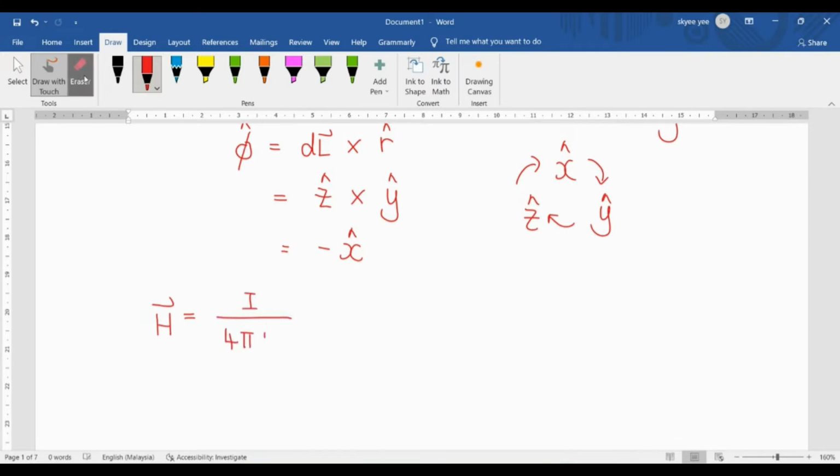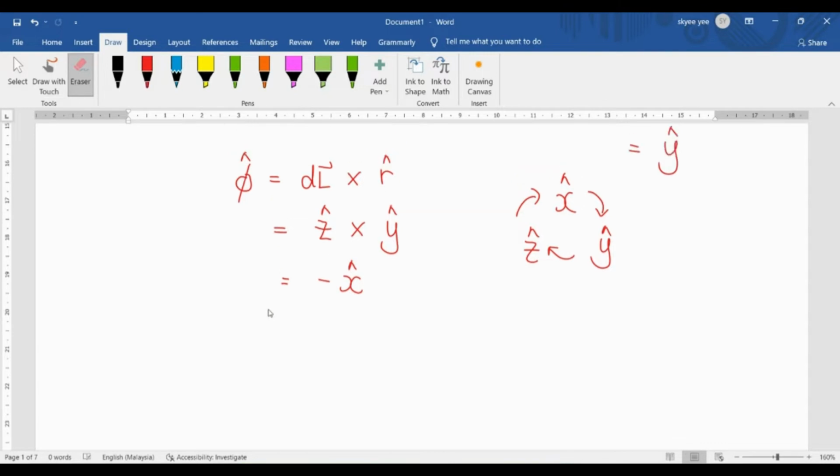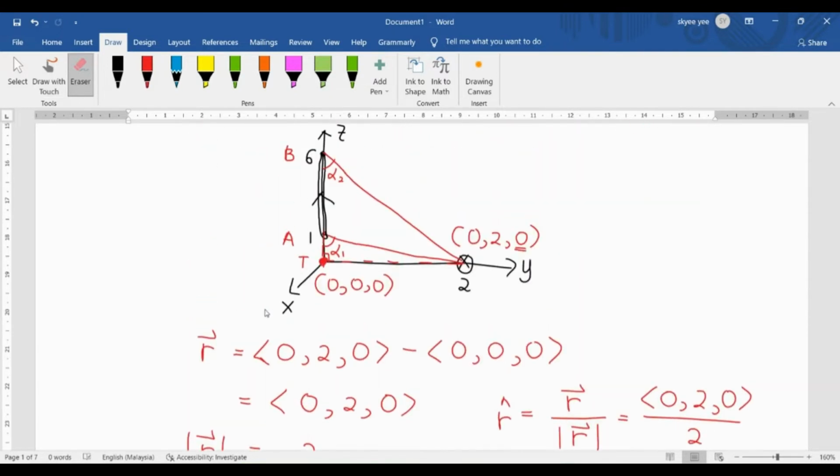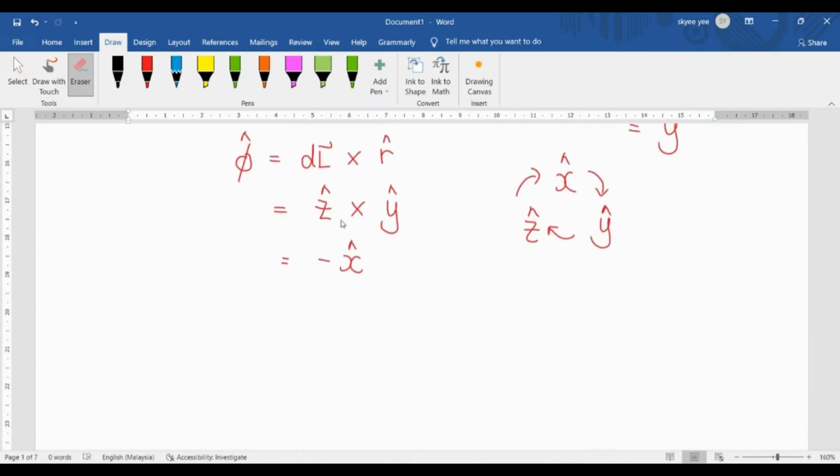Oh no, not yet. We have to find out what alpha 1 and alpha 2 are. Let's look at alpha 1. You look at this triangle, so I'm going to draw it here.